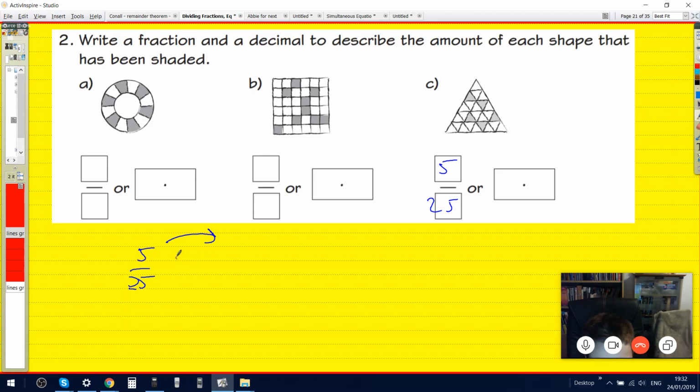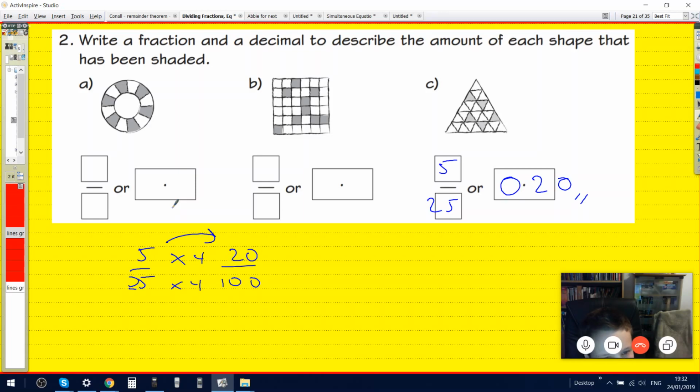So we'll times top and bottom by 4, and what would that be as a fraction over 100? 20 over 100. And so as a decimal? 0.20. Yes. Or 0.2, same thing. Okay. How about the middle one?